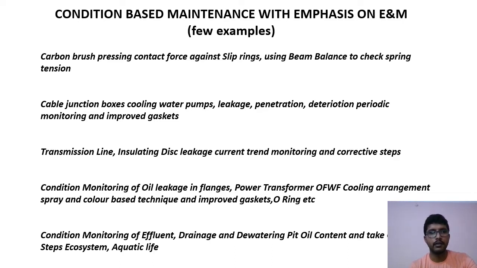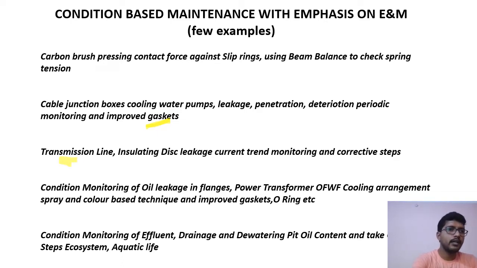Because of sparking and all. So this is not desirable. We need to have a check on it. Monitoring is necessary. And if improved gaskets are available, then we can skip that part also. Monitoring will ensure that no water goes into it.